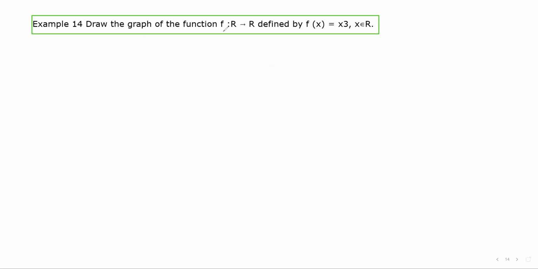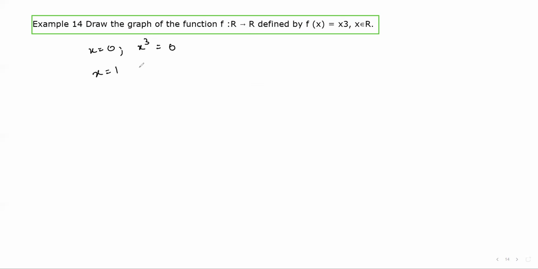Draw the graph of the function f from R to R, defined by f of x equals x cube. You have to draw the curve for f of x is equal to x cube. When x is equal to 0, your x cube, which is your f of x, is equal to 0.